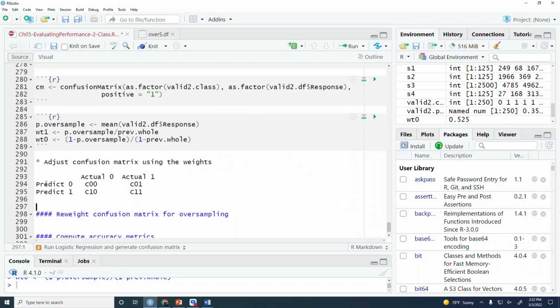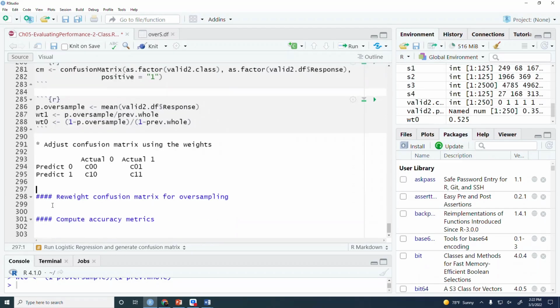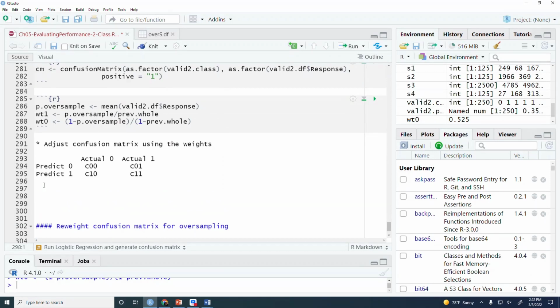And we need to find the weights. Okay, so let's look at what happened here.